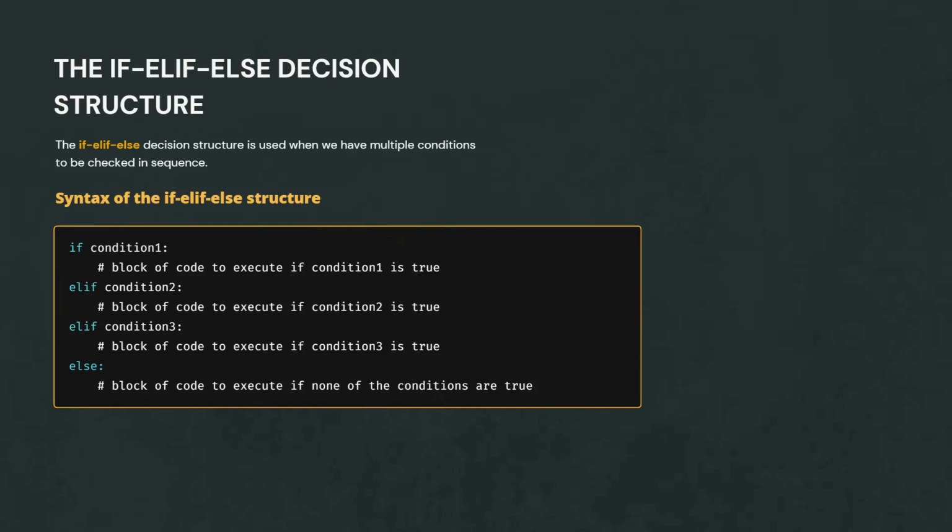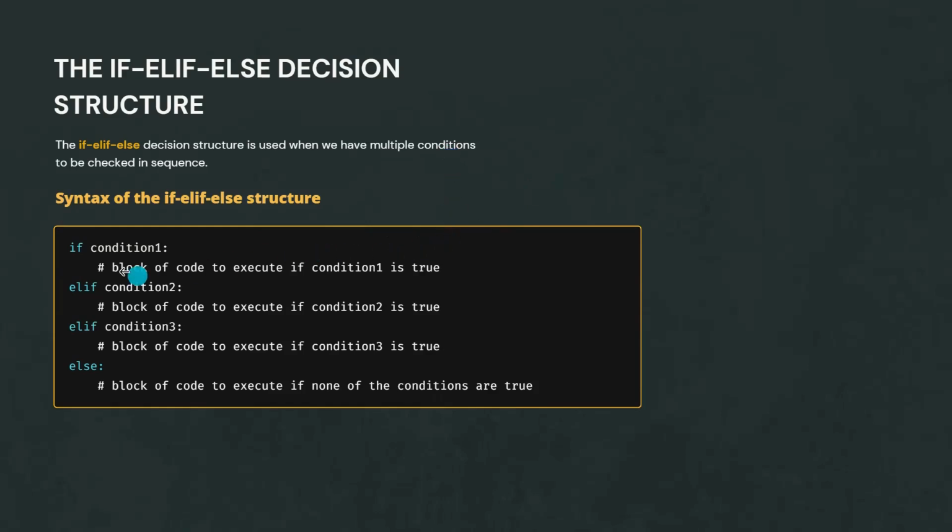Let's say you're grading students based on marks, and you want to assign grades A, B, C, or maybe even an F. I don't want you to do that, but yeah, maybe it happens. So that is where we can use if, elif, else. It lets you check multiple conditions one after the other.